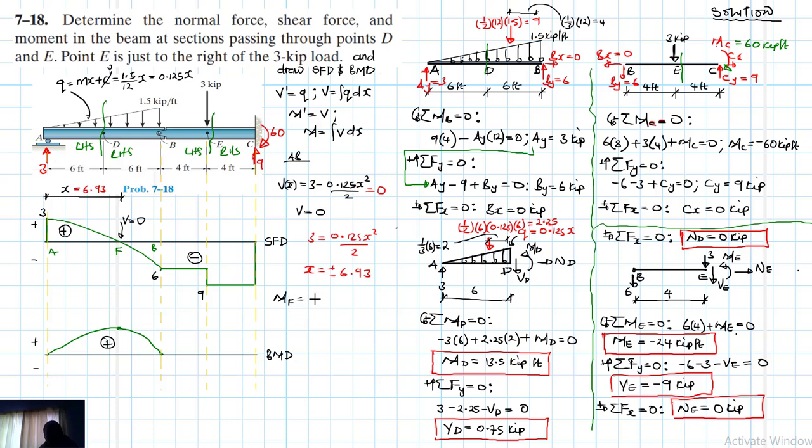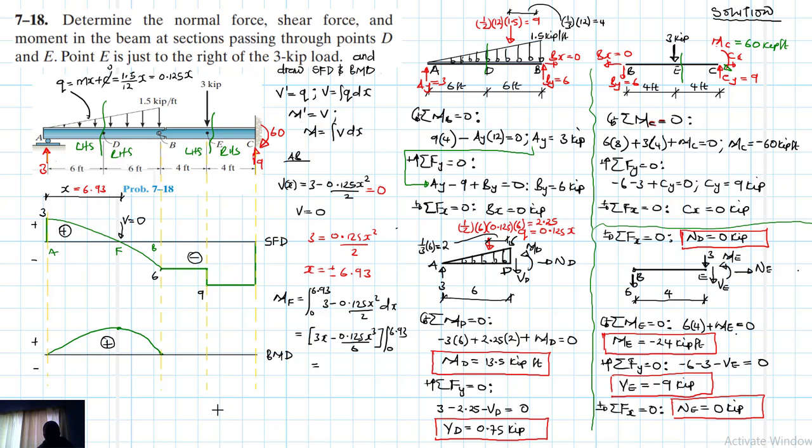It's just equal to the integral from 0 to 6.93 of 3 minus 0.125 x squared divided by 2 dx, and therefore this is equal to 3x minus 0.125 x cubed divided by 6, evaluating from 0 to 6.93. Then you find this value.